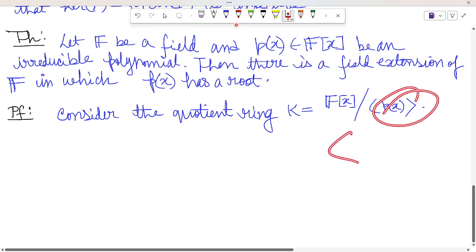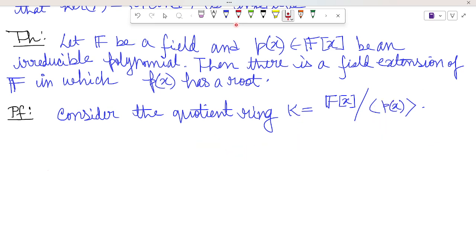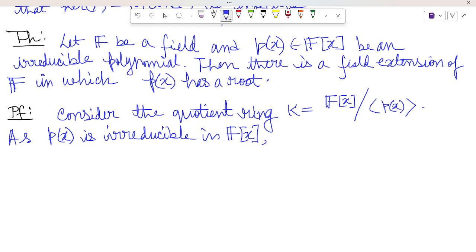Because being irreducible means it is a maximal ideal, and R mod M is a field if M is maximal. As p(x) is irreducible over F, it is maximal.